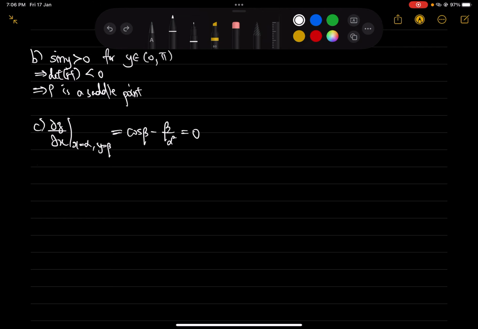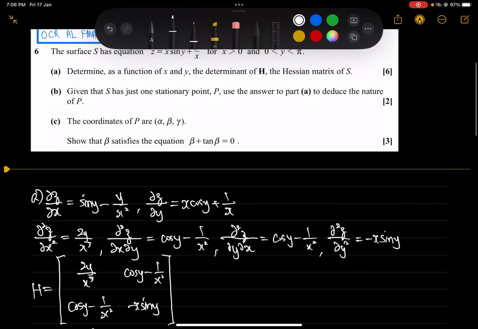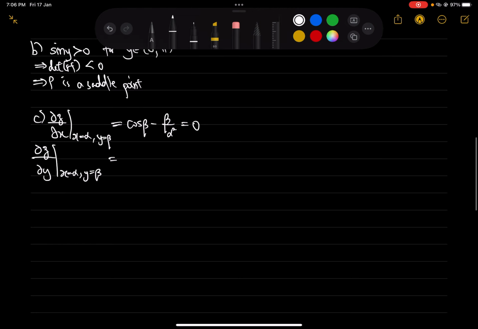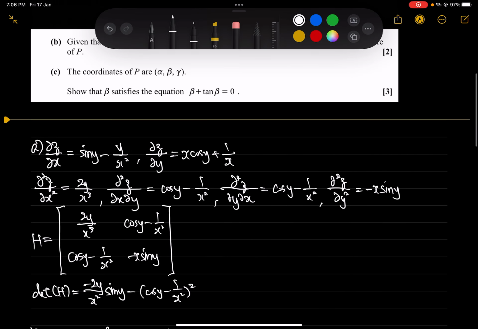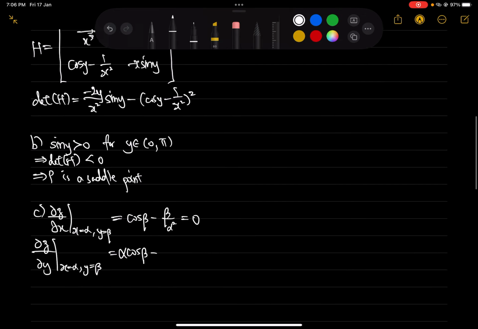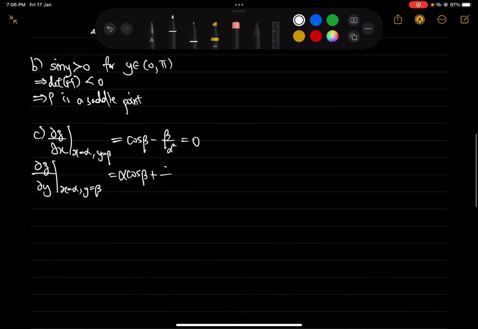Now ∂z/∂y, again we put in the same stuff, is equal to alpha cosine beta plus 1 over alpha, which is also 0.